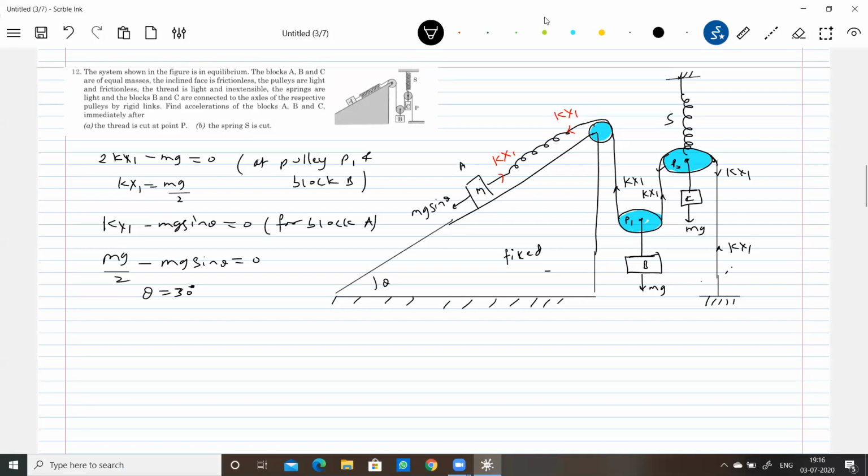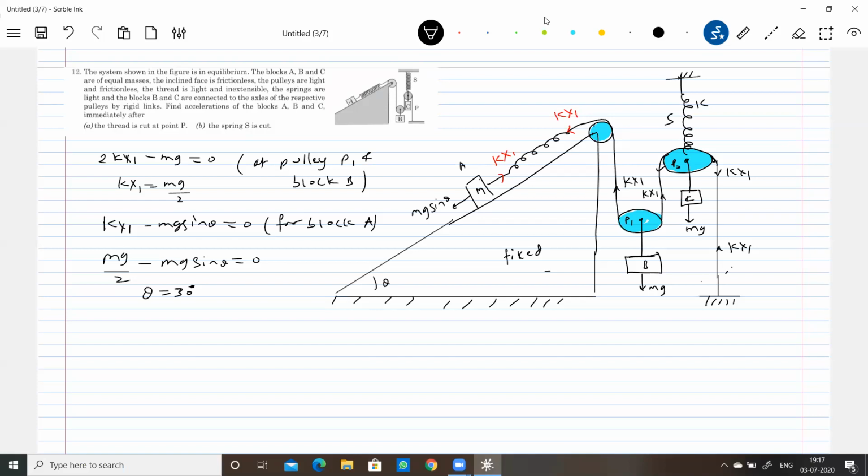The pulleys are light and frictionless, the thread is light and inextensible, the springs are light, and the blocks B and C are connected to the axles of the respective pulleys by rigid links. The springs are light, so let me assume the same identical condition, k only. Sir, can you repeat why?